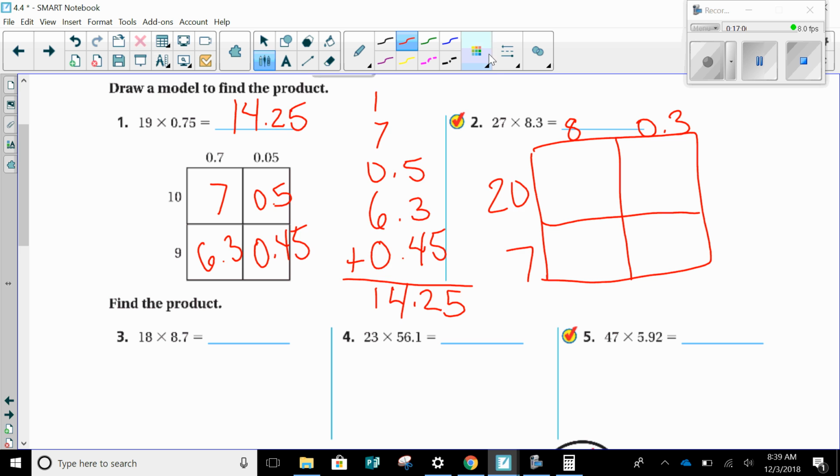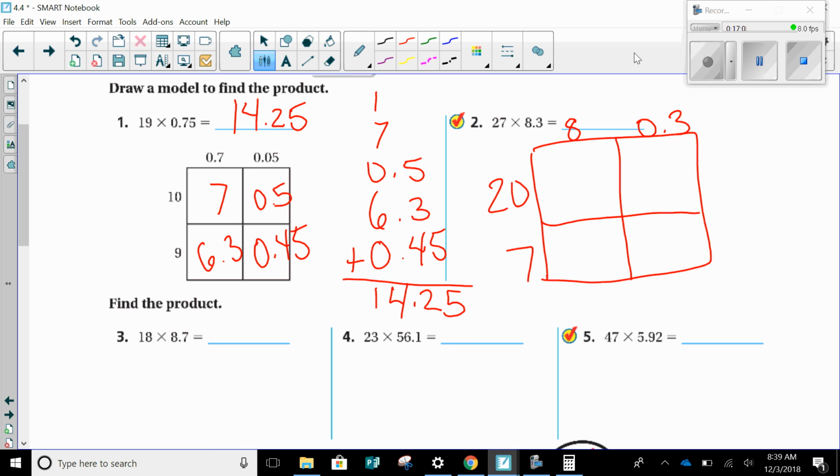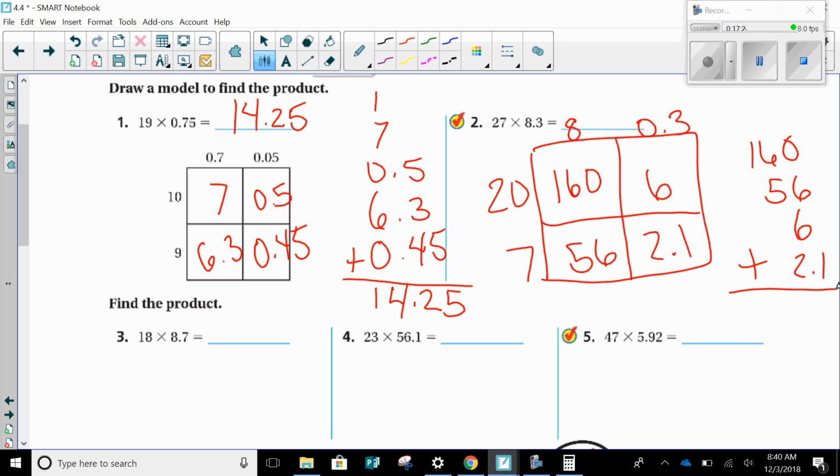Right, so that's 160. That's 56. So I would add them all together. And that is going to be, so this is my answer for 2.